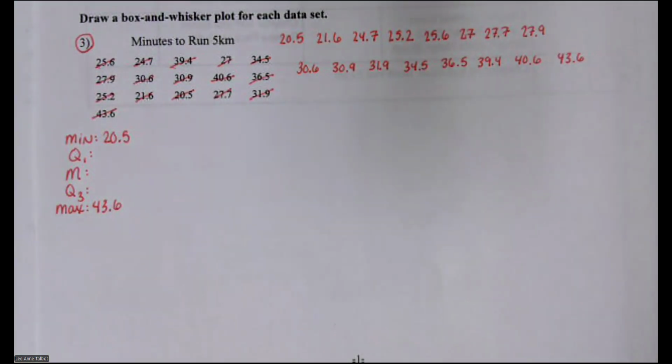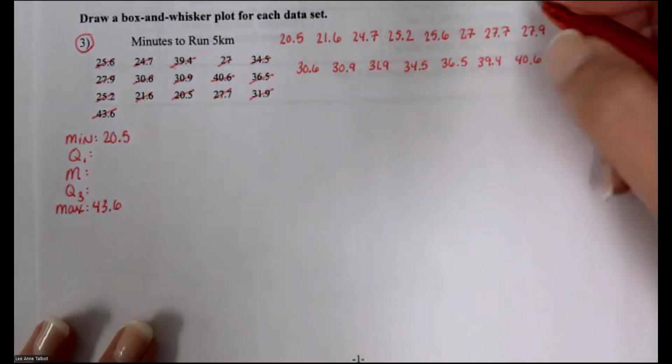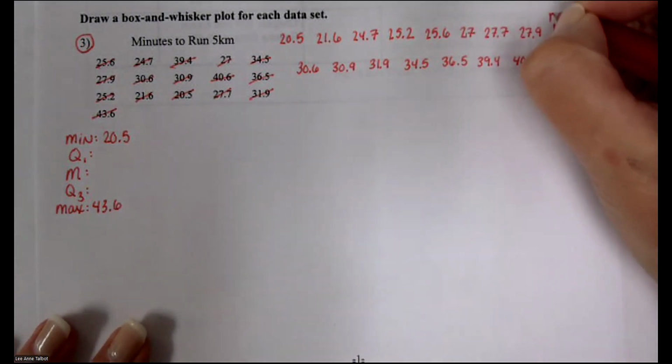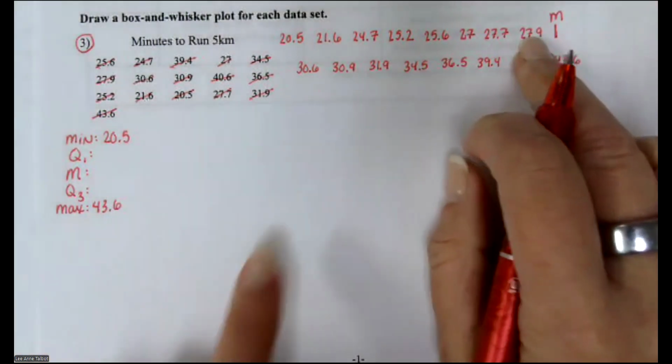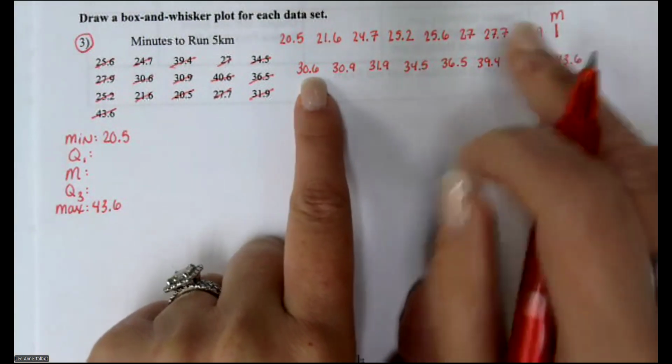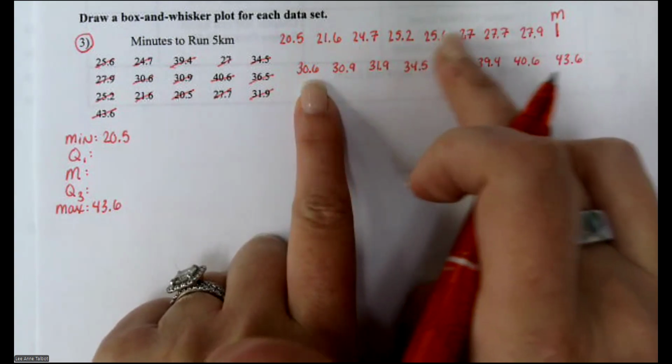Okay, and since there's 16 numbers, the median is going to be right here. It's going to be in between number 8 and number 9. 1, 2, 3, 4, 5, 6, 7, 8.